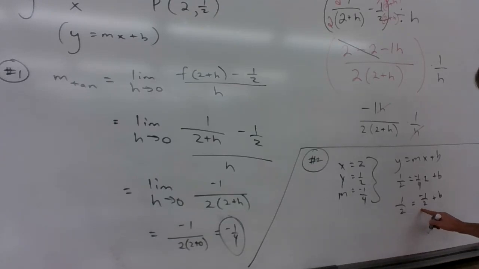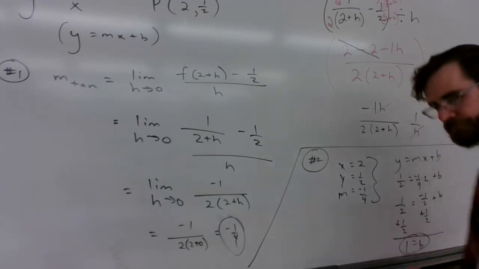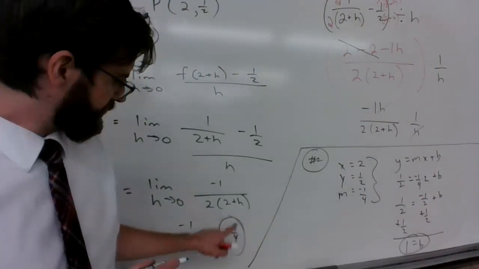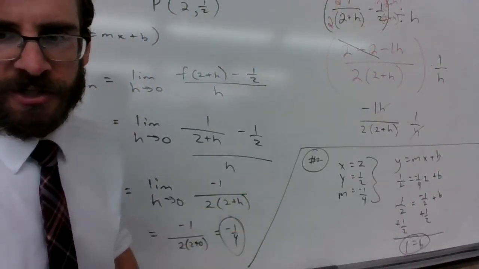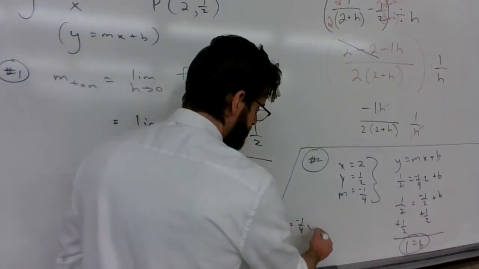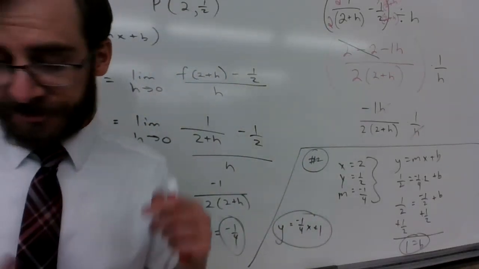Add 1/2 to both sides. 2 halves make a whole. All right. We have solved the two important parts, the slope and the b value. So you just bring it all together at the end. Y equals negative 1/4 x plus 1. So that was part B.